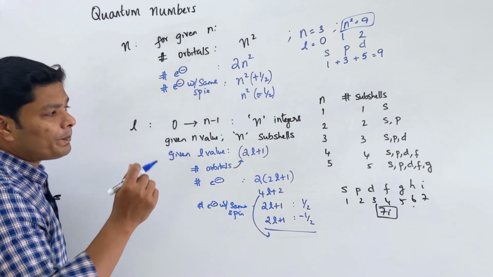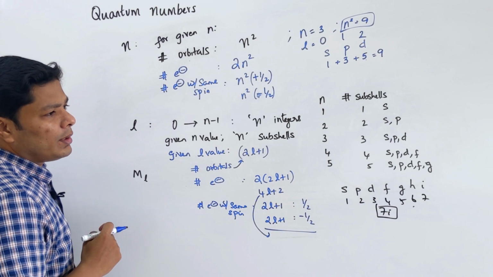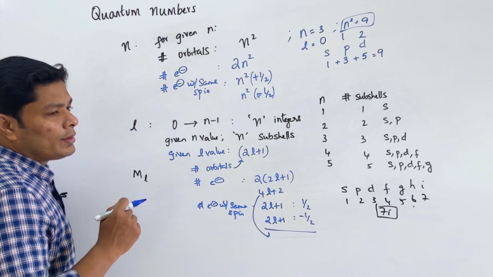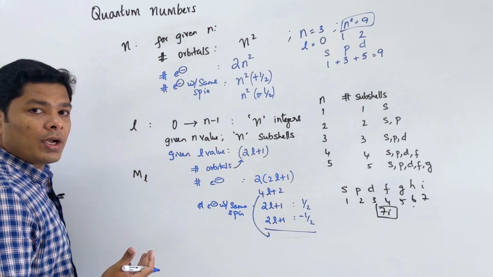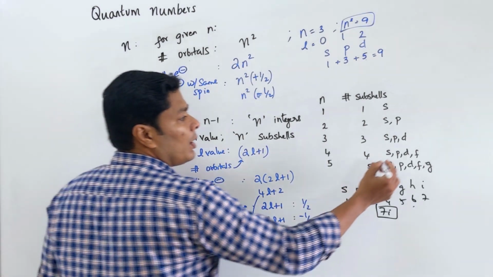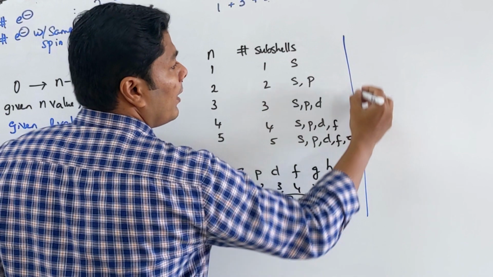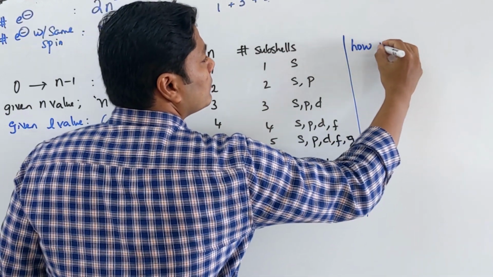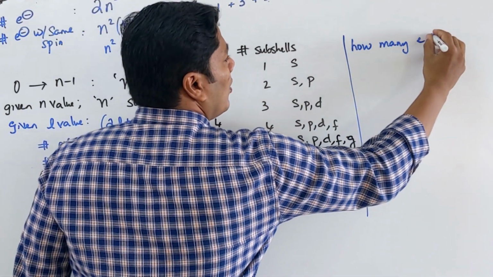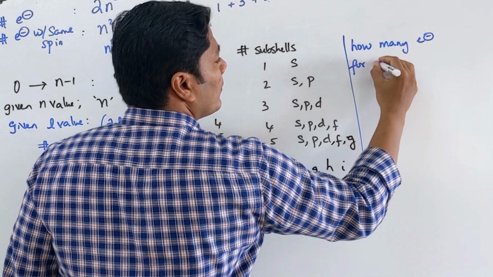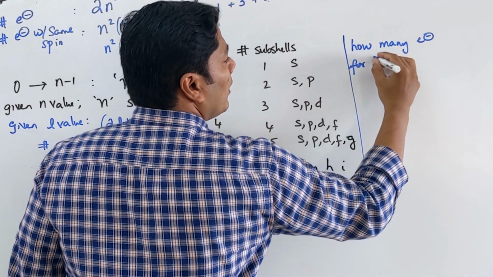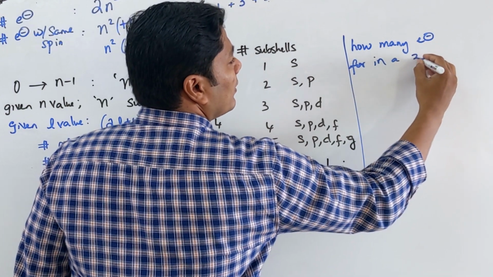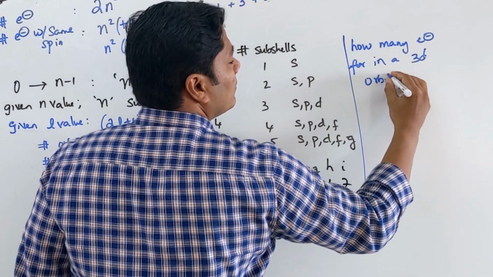For example, in 2017 or 18 this question came. How many electrons are in an orbital? How many electrons in, let's say for example, a 3D orbital?